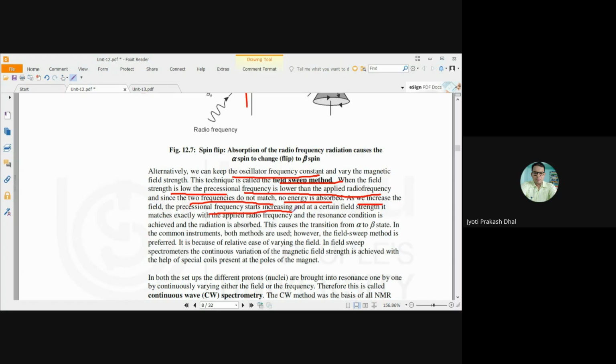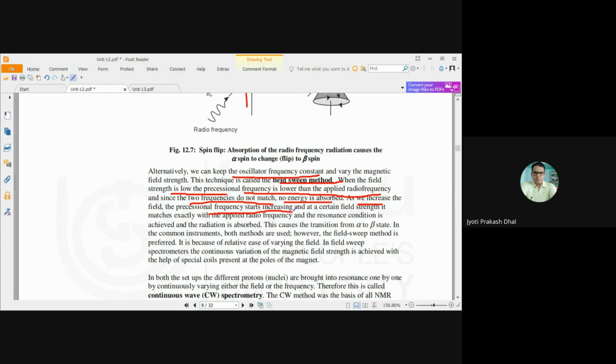Initially, when the field is low, the value of nu is high and the value of omega is low because B naught is low. When we increase B naught, omega increases, and when omega equals nu, which is constant, resonance occurs.